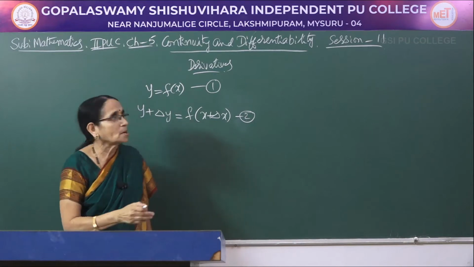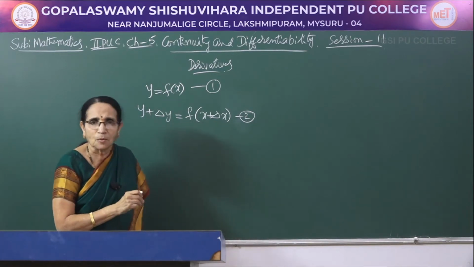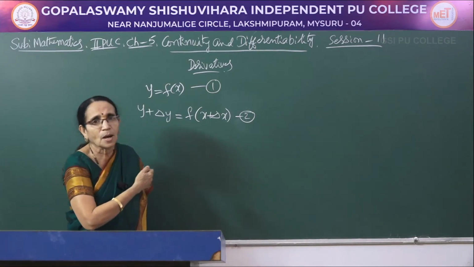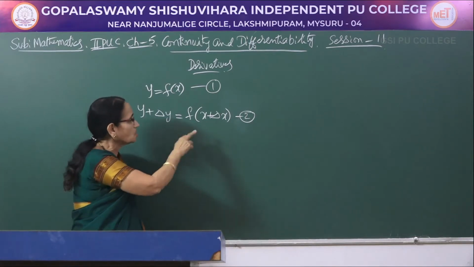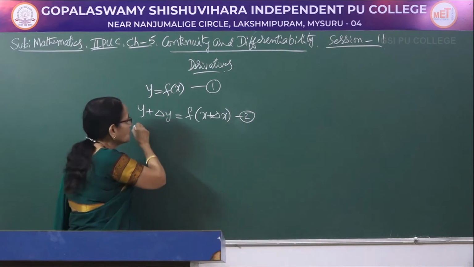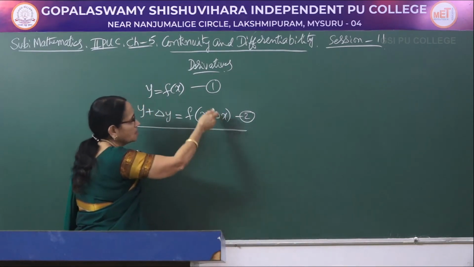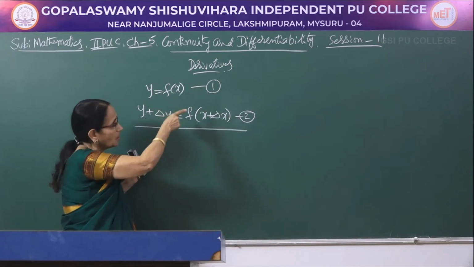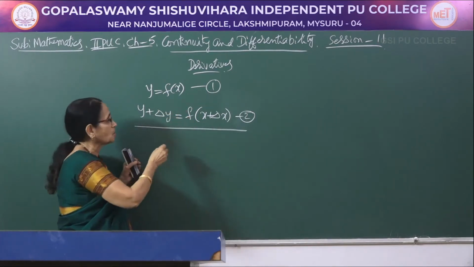So we had considered a function, increased the value of x by delta x, and therefore y has also been increased by delta y. This is a new statement. Now subtract one from the other, that is, take 2 minus 1, or subtract result 1 from result 2.